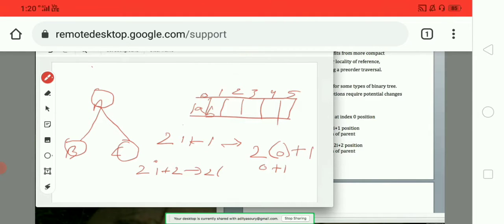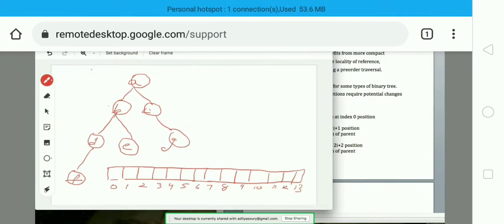C's parent position is 0, plus 2, that means 2 into 0, 0 plus 2, 2. So we have to place the right child in second position. In this way we can represent our binary tree in arrays.